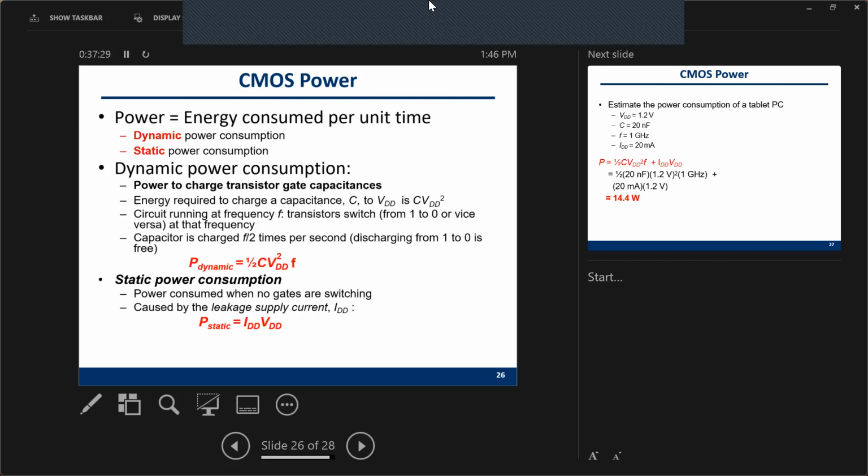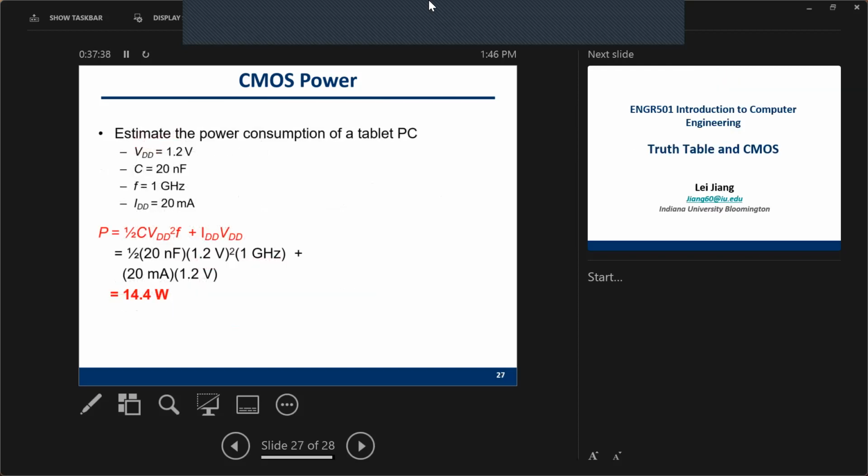The higher frequency you run, the larger dynamic power you have to pay. So here is one example of how to compute the power consumption of a tablet. You have to consider the dynamic power and the static power separately.